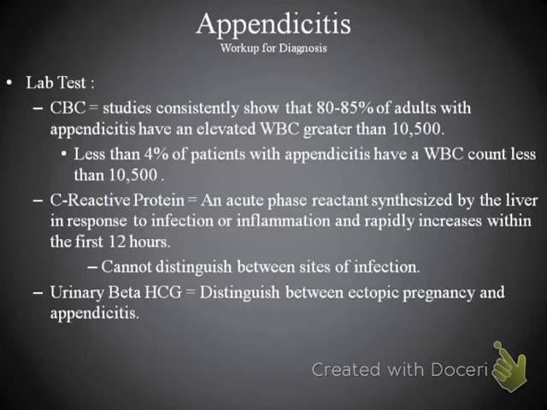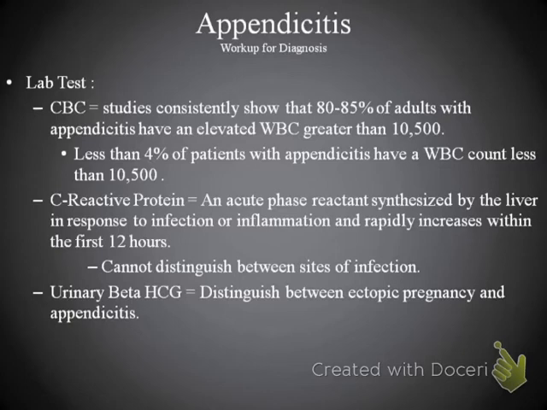Also, C-reactive protein, which is an acute phase reactant synthesized by the liver in response to an infection and inflammation, rapidly increases within the first 12 hours. The bad thing about the C-reactive protein is this: it cannot distinguish between sites of infection.